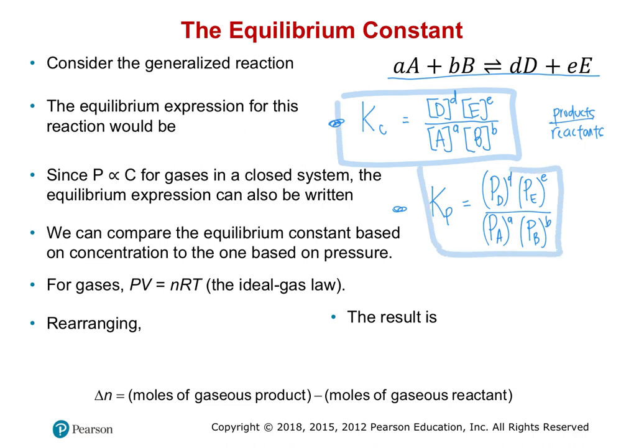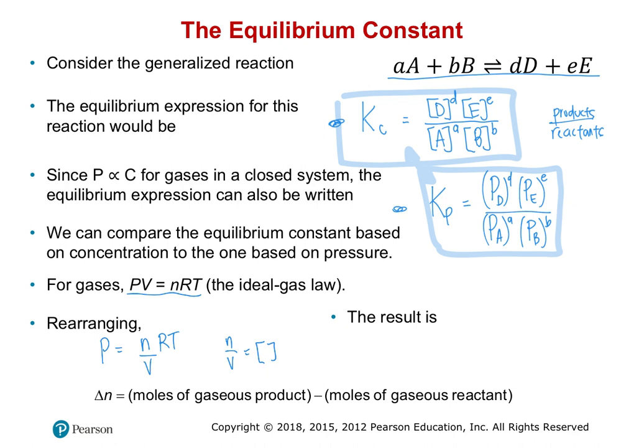Every so often you will be asked to convert between Kc and Kp. Not super frequently, but frequently enough that you need to learn it. And so what you will do is, we know that pressure is related, PV equals nRT. So pressure equals nRT over V, and we know that n over V is concentration, right?